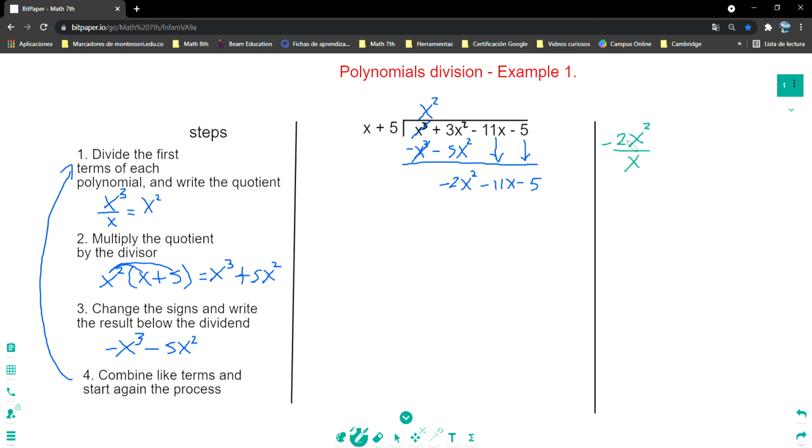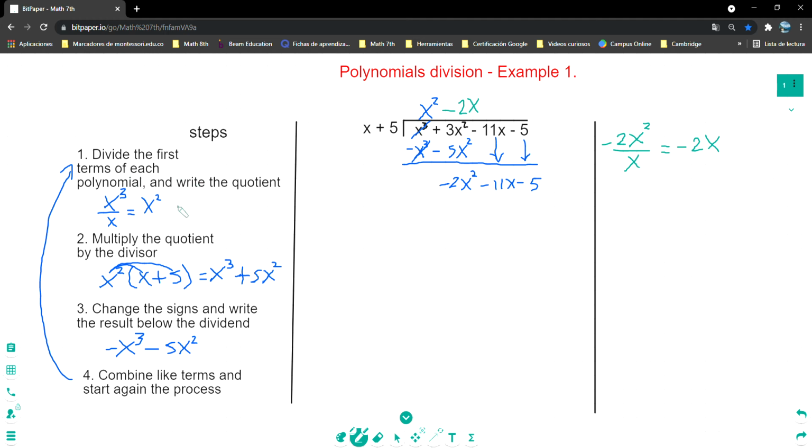That will be minus 2 over 1, which is minus 2. With the variables, we subtract the exponents, so that will be 2 minus 1, which is 1. So here we have x. This is the quotient. We are going to write it down right here in the quotient side. So minus 2x.